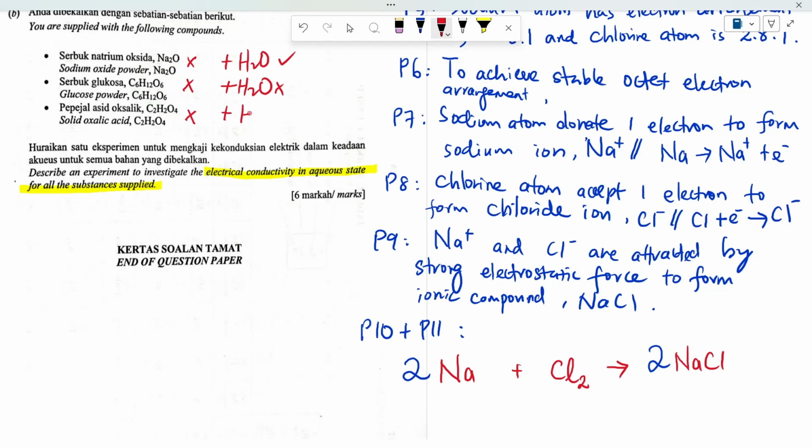But if you add in water, yes. The ions can move freely. So here, aqueous solution means dissolved in water. So we just need to describe the experiment to investigate the electrical conductivity.